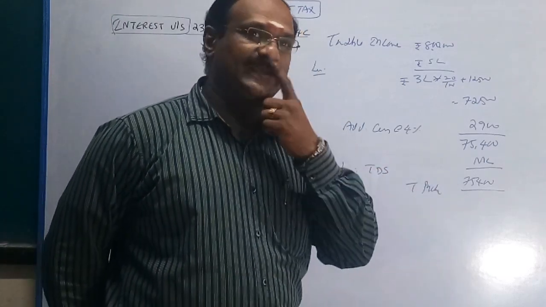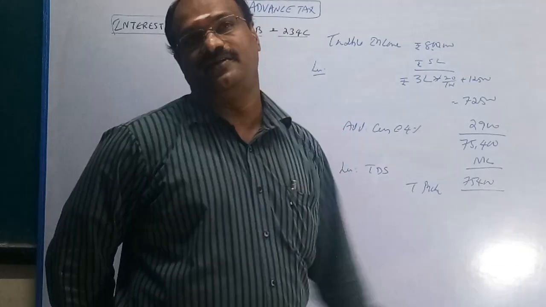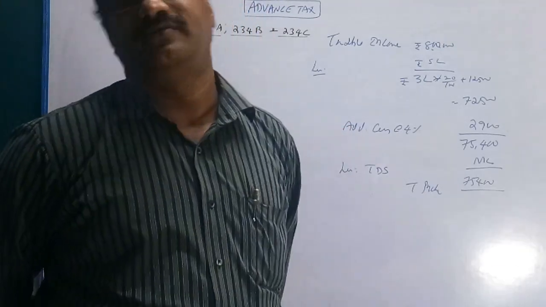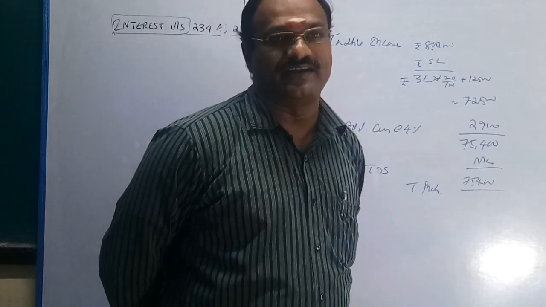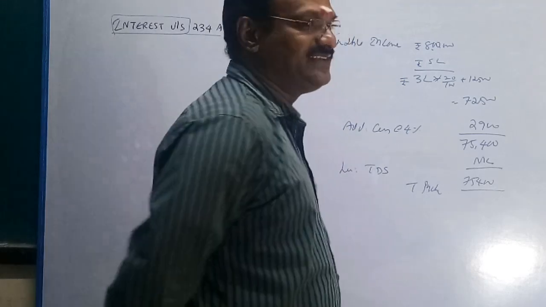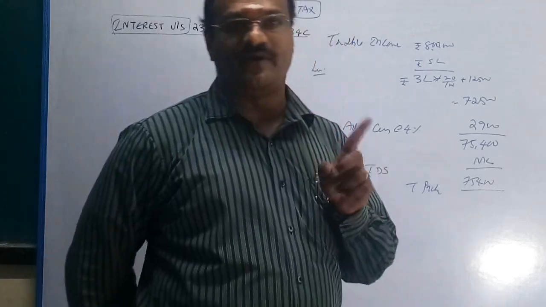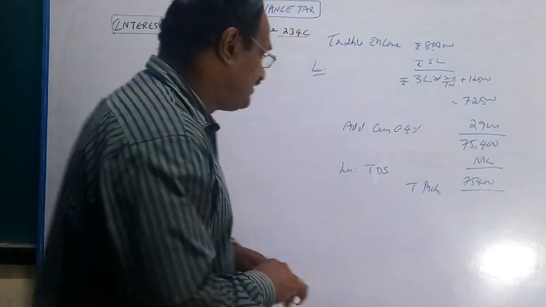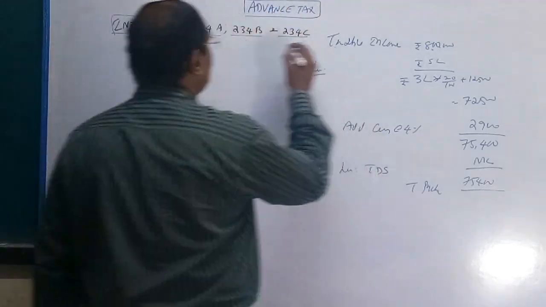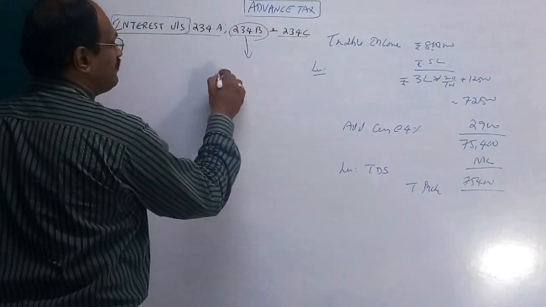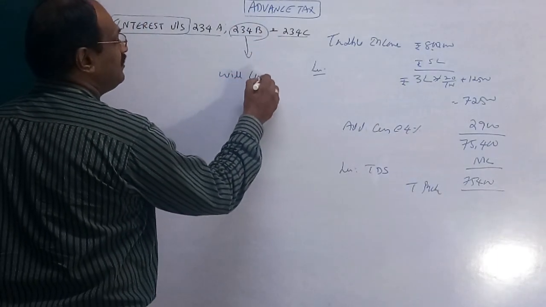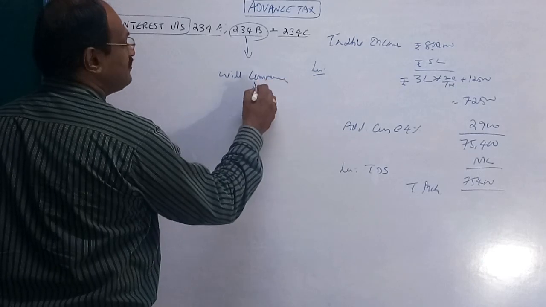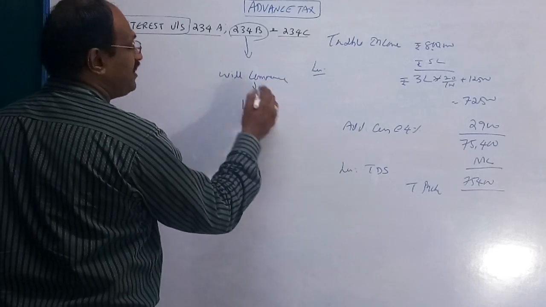So first condition, advance tax not paid. Then 234B will be attracted. How much percentage there? 1% per month or part thereof. This 234B will commence from 1st April onwards.